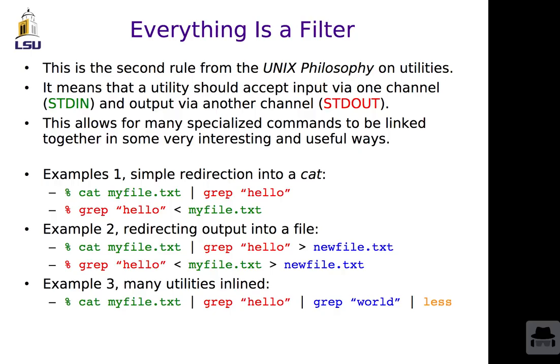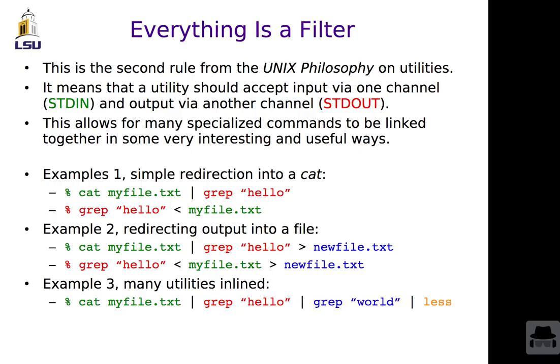So this greater than is an output redirect, and you can still use it with the input redirect. Here you would have grep, which is receiving the contents of my file through this input redirect, and then the output of this will go into new file.txt. So you can kind of start seeing how things can get linked together.